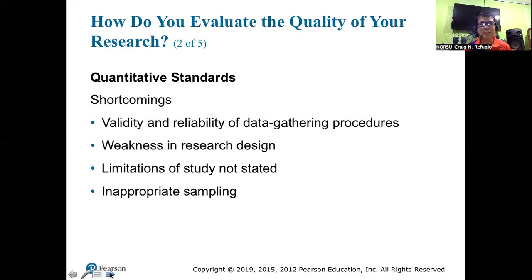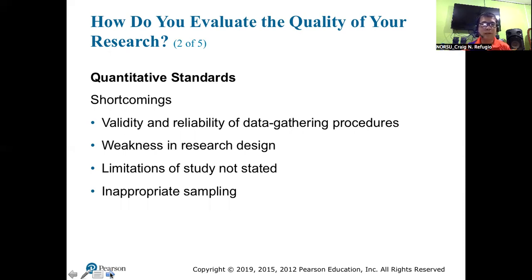In terms of quantitative standards, these are the shortcomings: validity and reliability of data gathering procedures, weakness in research design, the weaknesses in the utilization of research designs, either quantitative, qualitative, or mixed research design, and limitations of the study not being stated, but as a standard, the limitations must be stated in the manuscript.